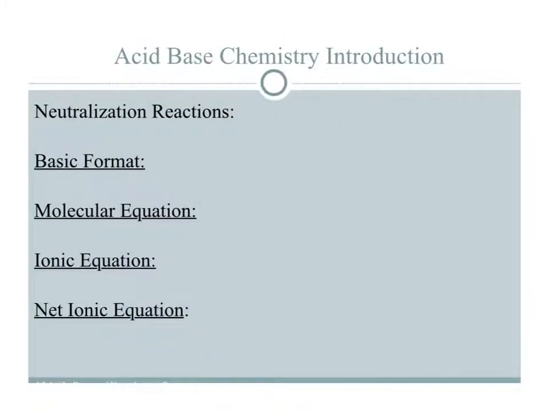Let's review neutralization reactions. Neutralization reactions have a basic format. Well, first of all, neutralization reactions are an acid plus a base, I'm sure that you all know this, to yield a salt and water.